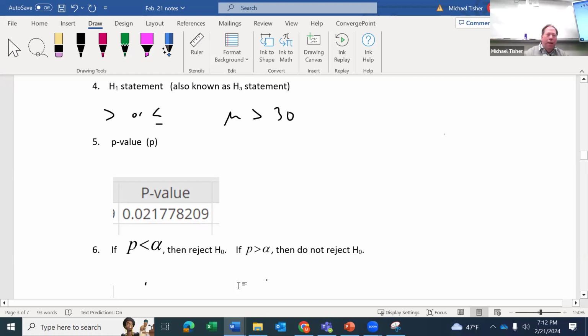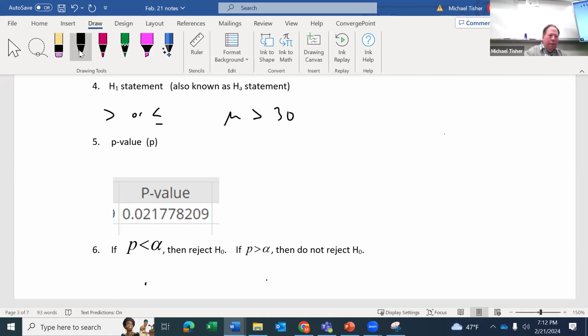If p means p-value, if the p-value is less than alpha, so let's compare that. The p-value is 0.021778209, and it's less than alpha. Alpha is the significance level, which we assume to be 0.05. So is it less than? It is, right? So we reject the H0.